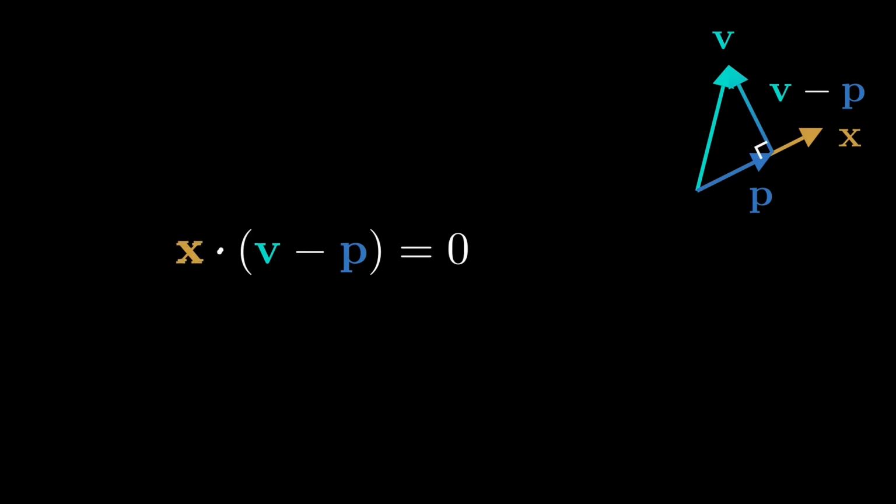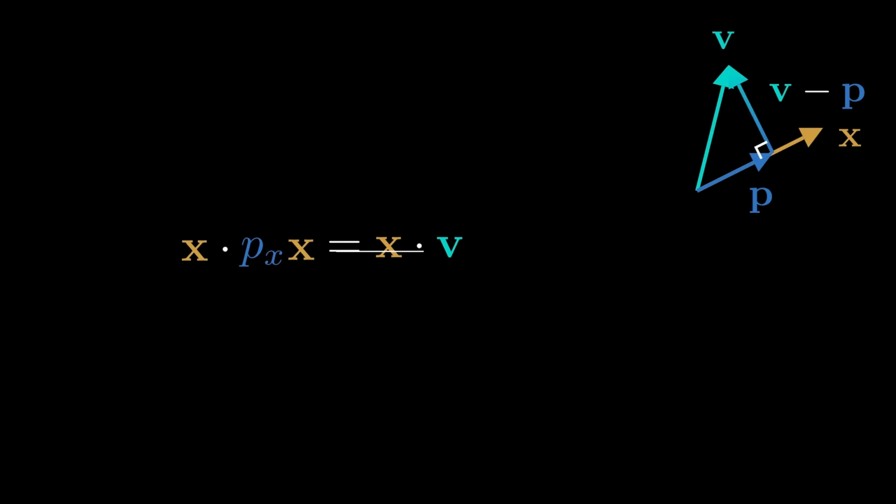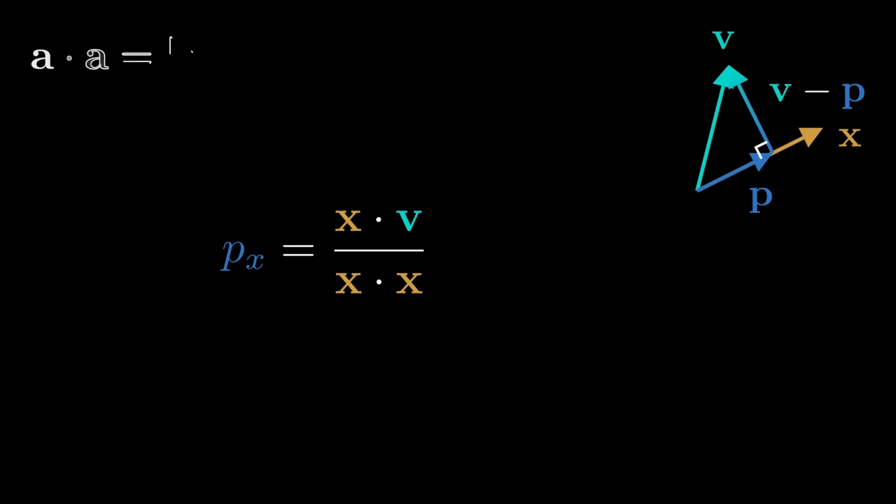The dot product distributes over vector addition, so we can do some rearranging here. Now we can substitute our equation for p into this. We can solve for p sub x to get it by itself, which gives us this expression. In that denominator, any vector dotted with itself gives its own length squared.